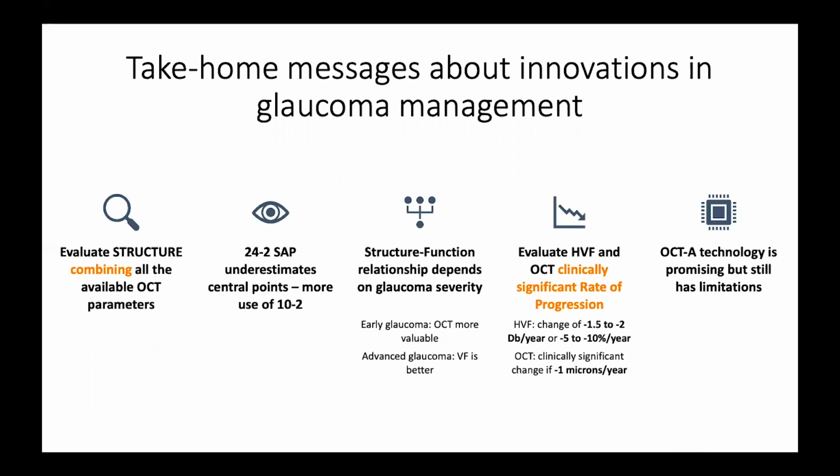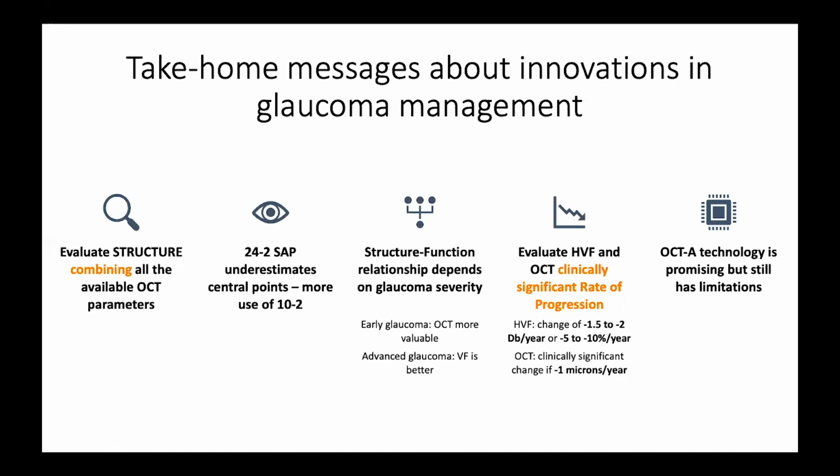That structure and function relationship depends on glaucoma severity. In early glaucoma, OCT works better. In advanced glaucoma, visual field works better. That it's important to assess a clinically significant rate of progression, that it's known in fields that a fast progressor would be when it exceeds minus 1.5 to minus 2 decibels per year, or a change in VFI greater than minus 5 to minus 10%.